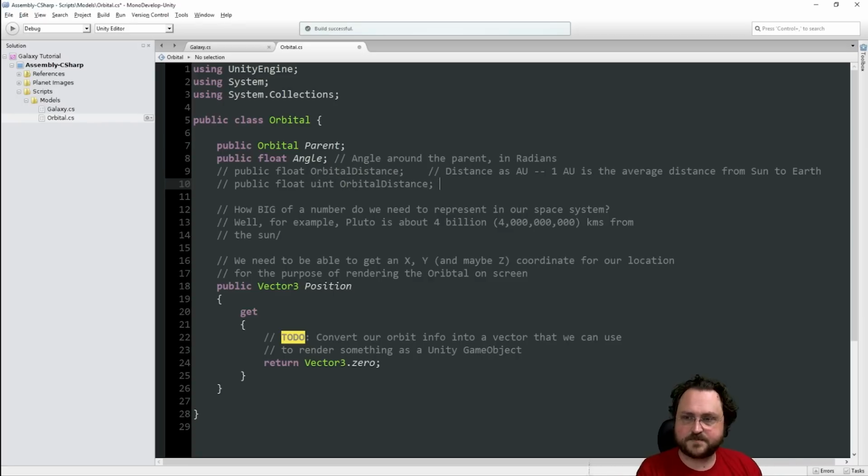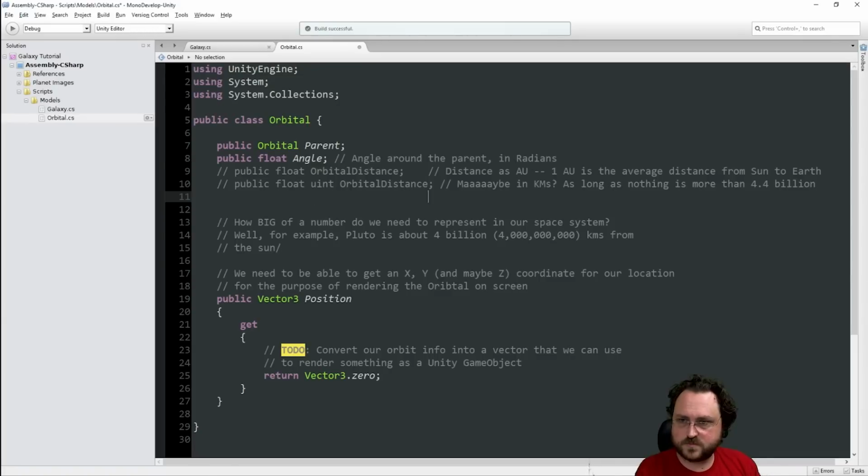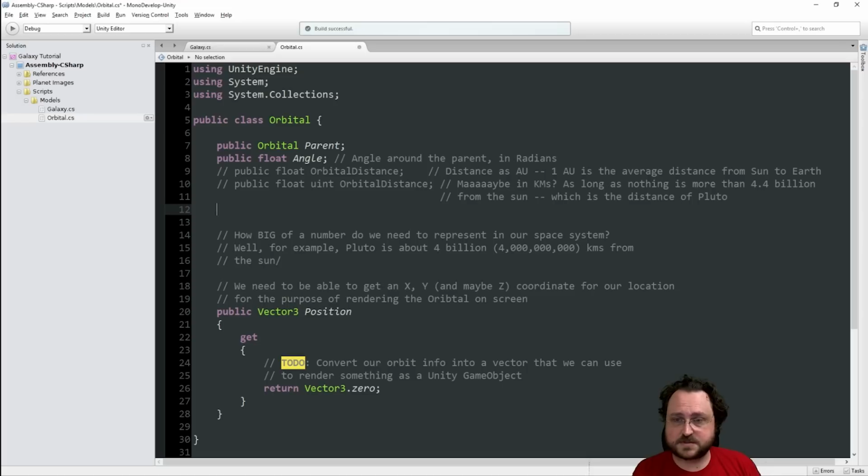That maybe is something like, in kilometers, as long as nothing is more than 4.4 billion from the sun, which is the distance of Pluto. Unless I've got it wrong. I should be taking a look at the chart over here. Seems all right. Well, the orbital speed, yeah, we'll definitely need something like that.